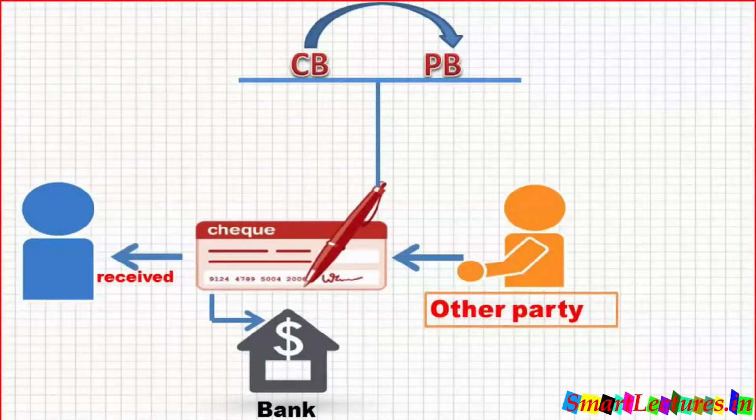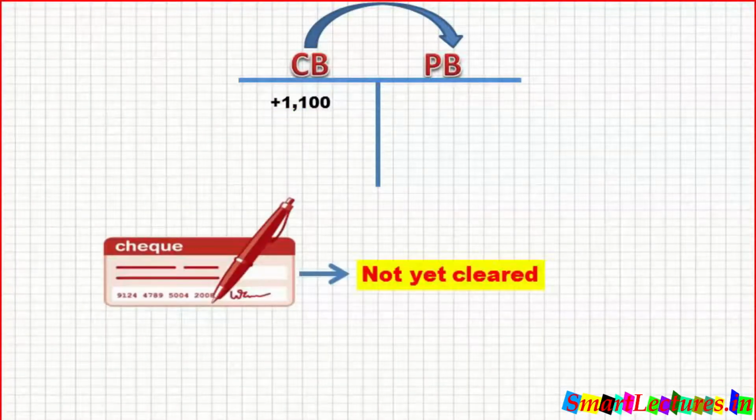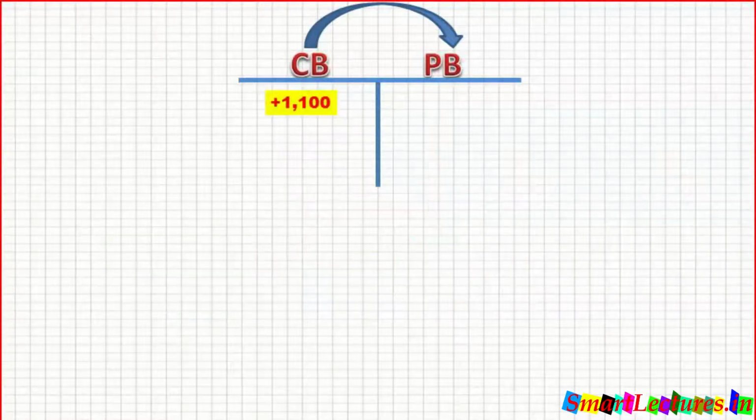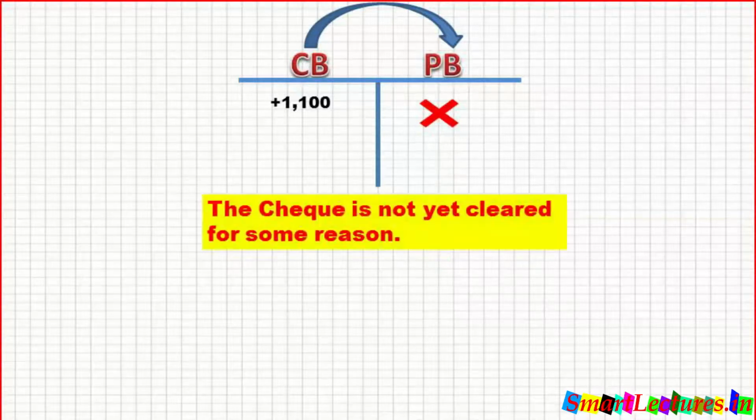So in this situation, we will write plus 1100 in the cash column, meaning on the cash book side, but the check is not yet cleared. It means there is nothing about this item in the passbook. So the cash book is showing plus 1100 but the passbook is showing 0, nothing. The reason being the check is not yet cleared for some reason.